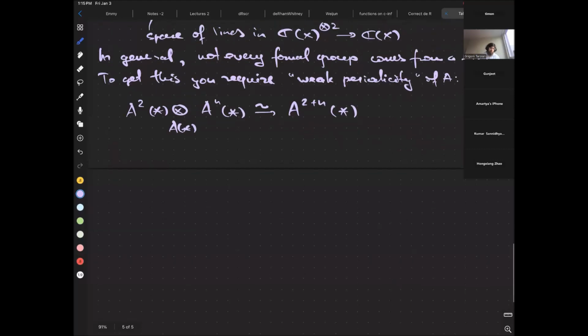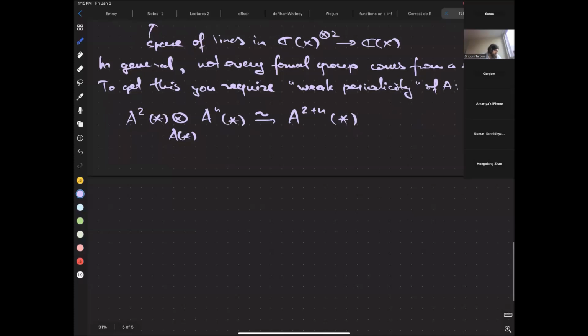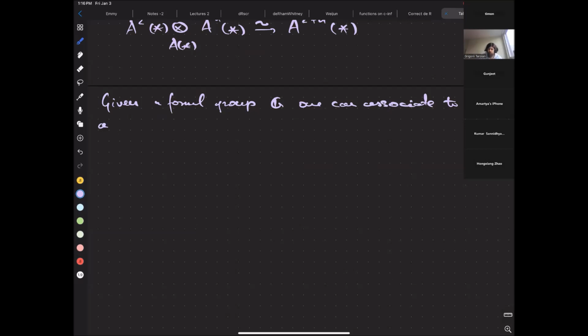Okay, so now with that in mind, we can also say that given a formal group G, one can associate to it a thing which sometimes is a cohomology theory.